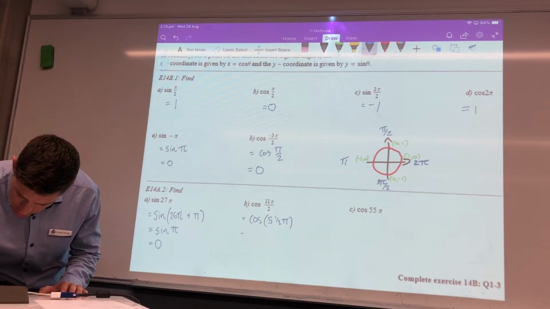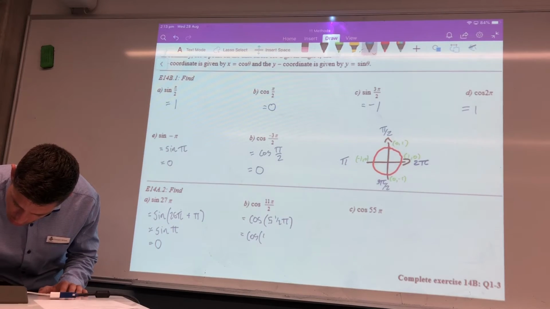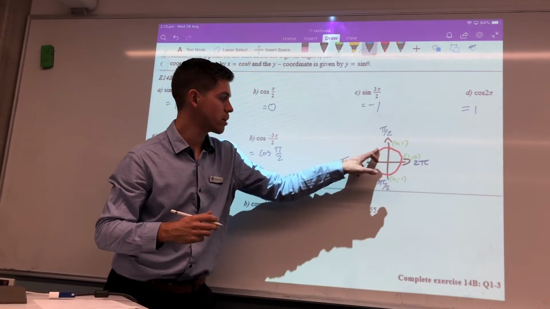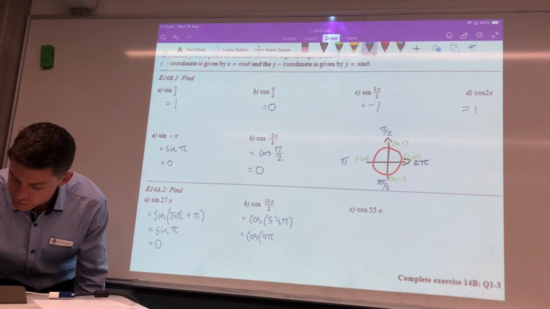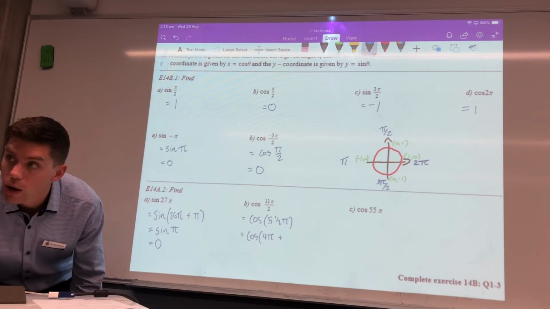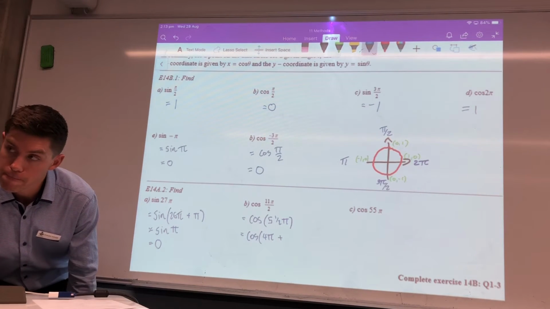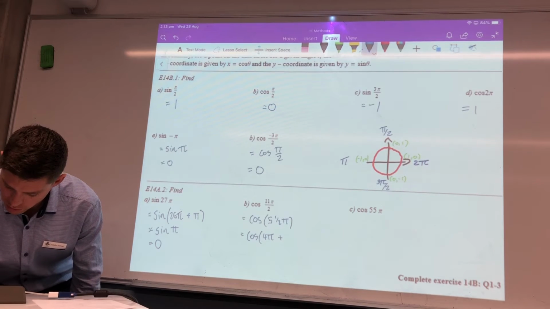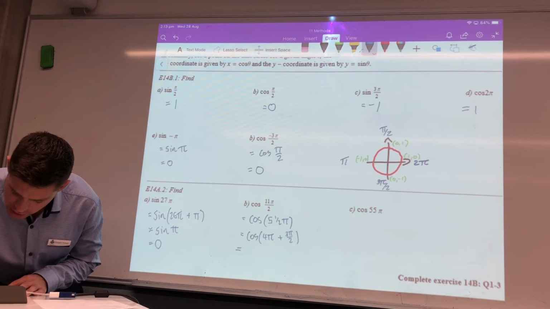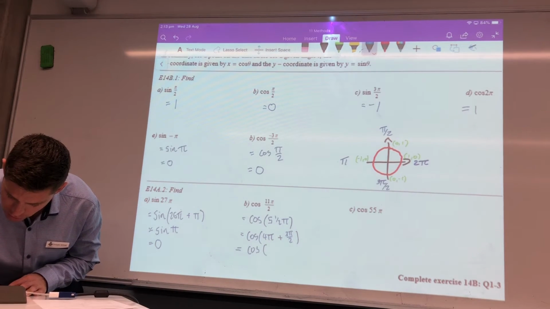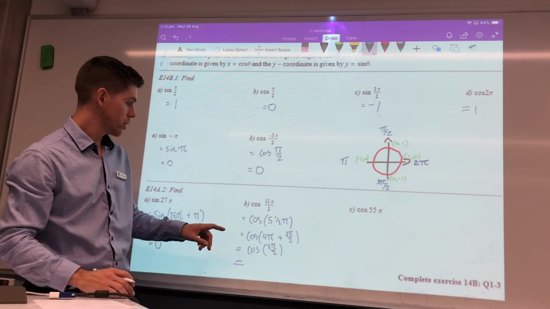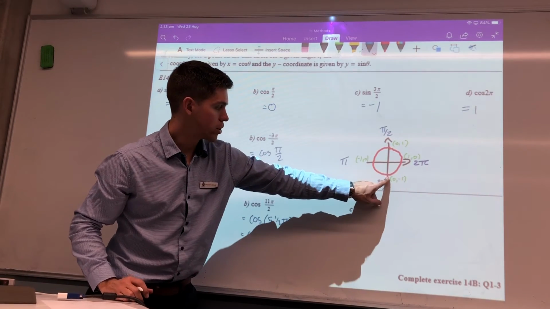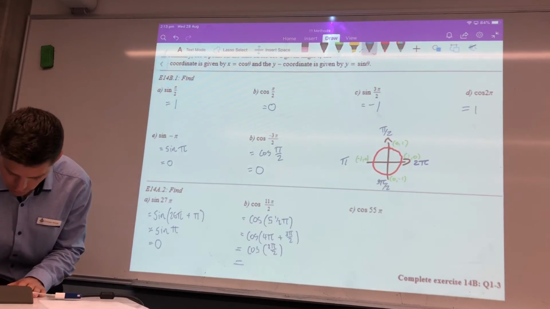So let's say this is cos of 4 pi, which we know is going to be right back to the beginning again, plus 1.5, which is, in terms of pi? 3 pi over 2. Excellent. So this is the same as cos of 3 pi over 2, or the x coordinate at 3 pi over 2. Once again, 0.